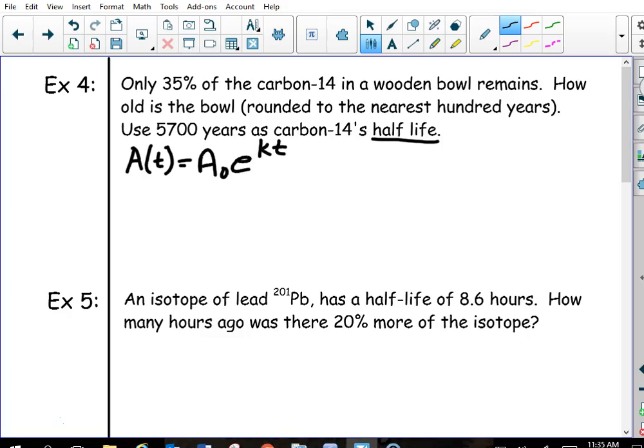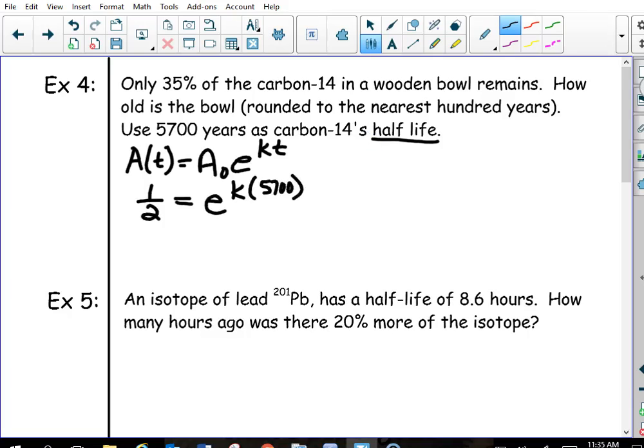If they started out with half-life or anything like that, then you know you're going to use this exponential model. So in order to solve for k, we're going to put in the t of 5,700 years, and that's how long it takes it to reduce to 1/2 of its original amount. So 1/2 of the original amount is equal to e to the k times 5,700.